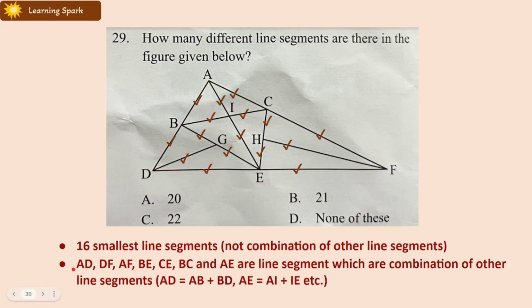How many bigger line segments are there? 1, 2, 3, 4, 5, 6, 7. You can count, there are 7 bigger line segments. So 16 smallest line segments and then 7. So 16 plus 7, total 23 line segments are there. But 23 is not given as an answer. There is one answer called none of these. So this will be our answer because 23 is not present.